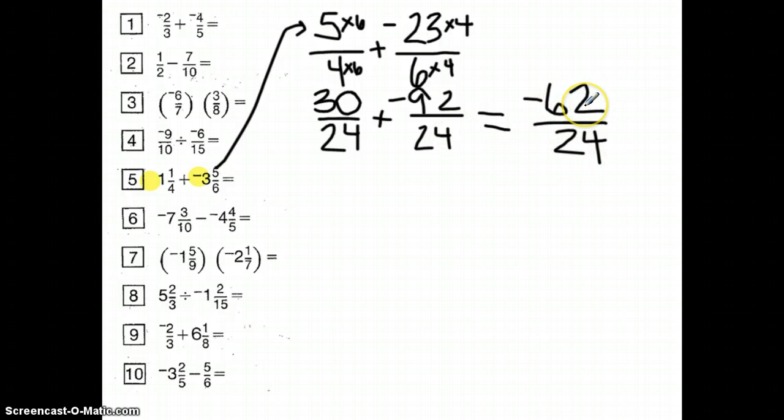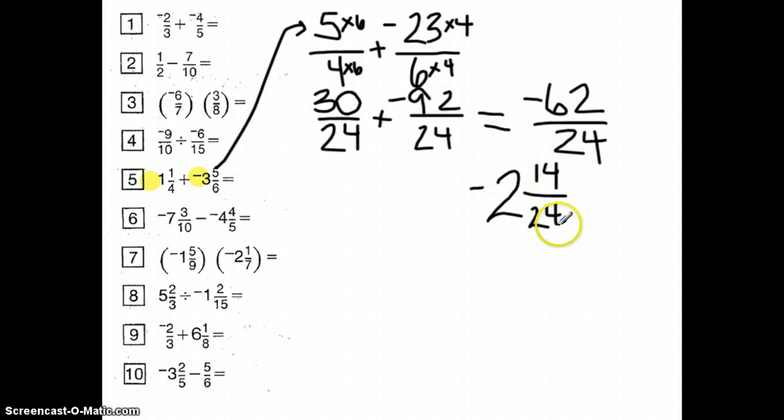24 goes into 64 2 times. So that's 48. So 48 to 52 is 4, another 10. So 14 left over. 14 24s. If at any point in time I'm wrong, just know that I'm really sorry, and you can tell me about it on Monday.